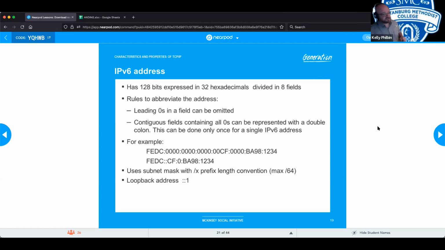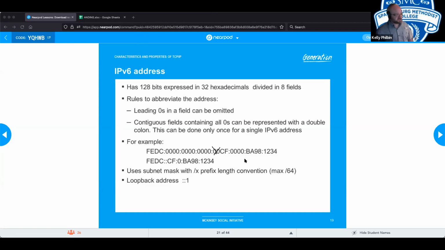Now, shorthand of this, so that it is a lot easier for you to write. All leading zeros can be omitted for shorthand. So in this example down here, I could eliminate these 2 zeros in front of the CF, and that would just be a CF.